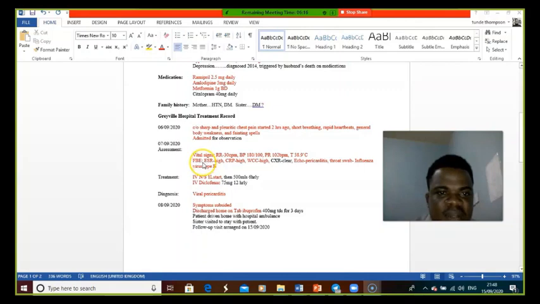Full blood examination, they put a colon, which includes ESR, CRP, WCC. Do you understand? So full blood examination includes all these things that they've listed: erythrocyte sedimentation rate, C-reactive protein, white cell counts. You get it, Patricia?